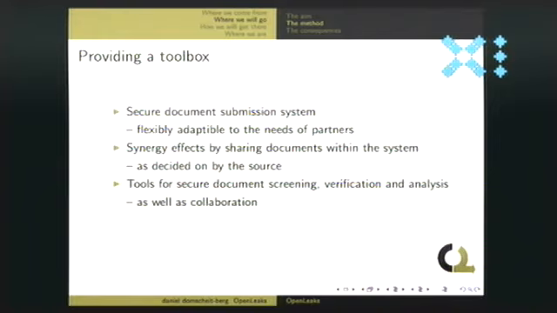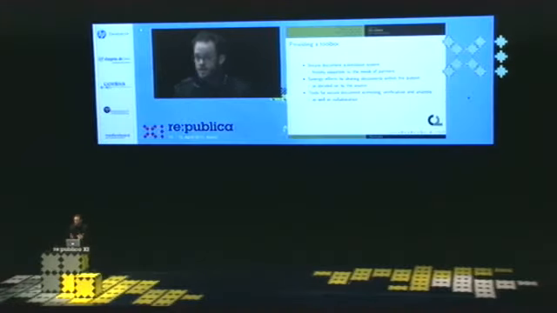So if they find out it's a document that has international relevance, they can talk to other partners from other countries. If they find out it's a document that is pertaining to a very specific area, to a very specific field of society where they don't have specialists, they can get in touch with, let's say, an NGO that knows about this area. So we want people to be able to team up to build a robust network that can actually work on things together.